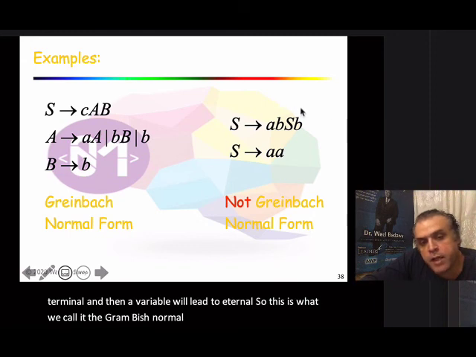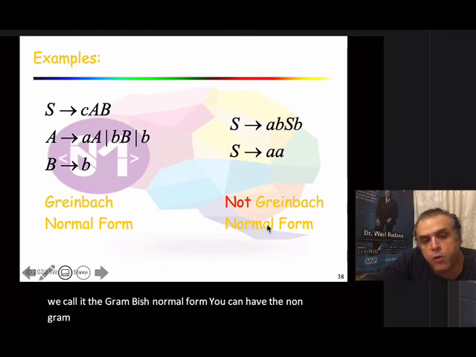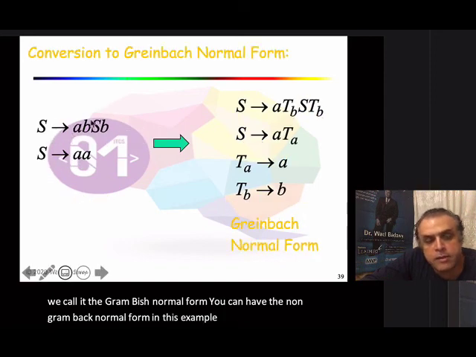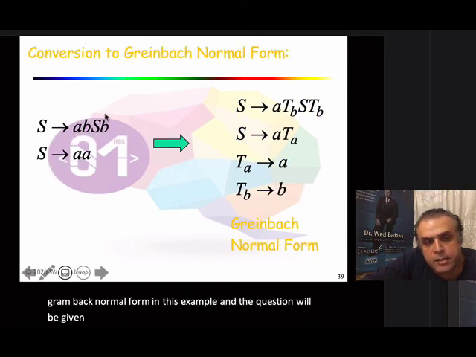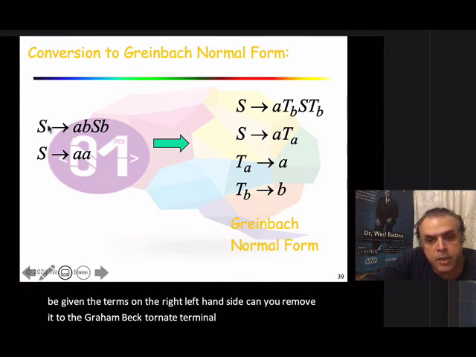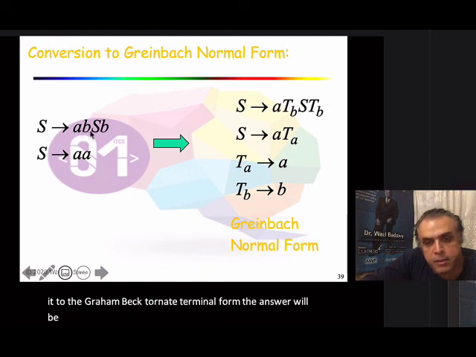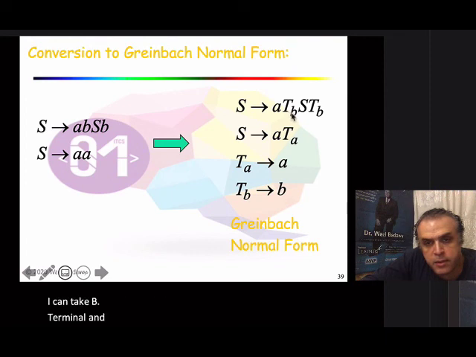You can have a non-Greibach normal form in this example, and the question is, given the terms on the left-hand side, can you convert it to Greibach normal form? The answer is yes, because I can take the terminal b and move it to Tb, while Tb will lead to b.